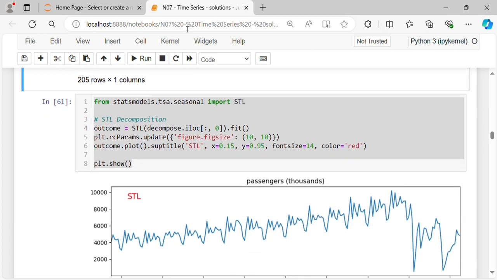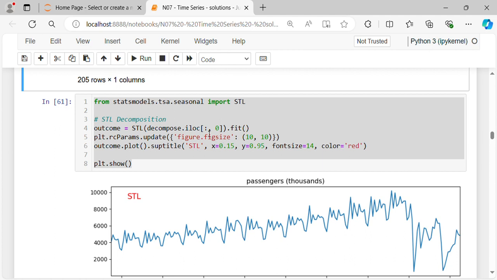So from statsmodels.tsa.seasonal, import STL. We look at STL decomposition. Let outcome equal STL of decompose.iloc[:, 0].